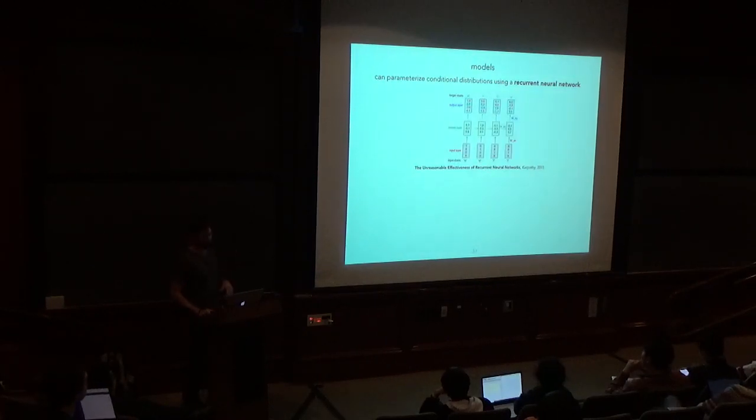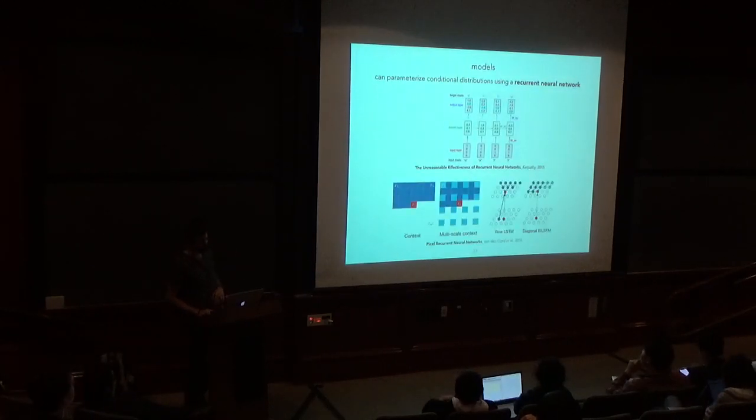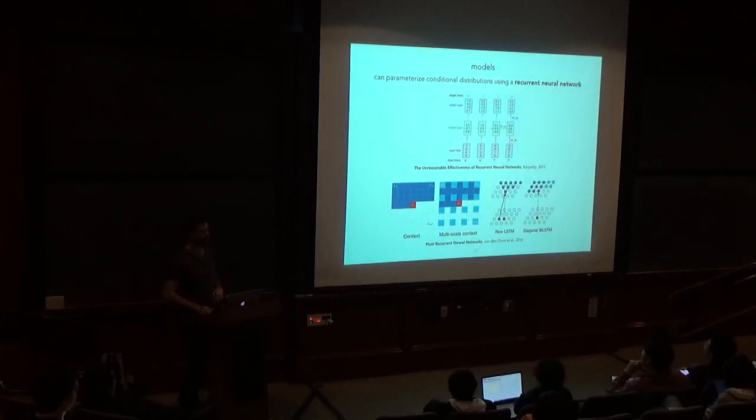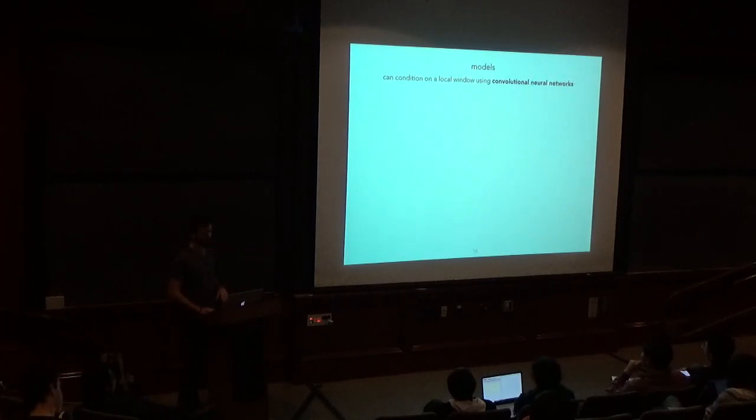There are examples of this. Andrej Karpathy had a nice blog post about this. And there are things like pixel recurrent neural networks that try to model images using recurrent neural networks in this way. So you're autoregressing each dimension of an image using a recurrent network, even though an image is 2D. But we might also consider using a convolutional neural network to perform this type of autoregression.